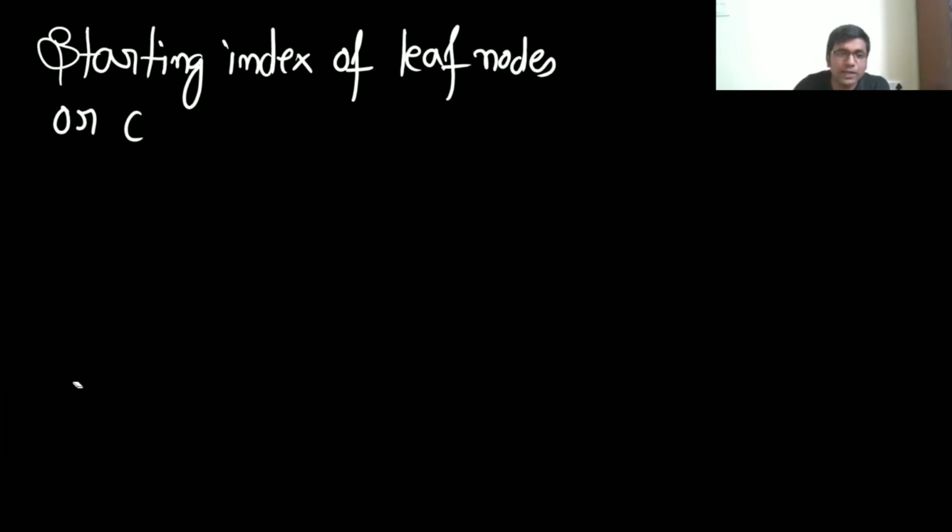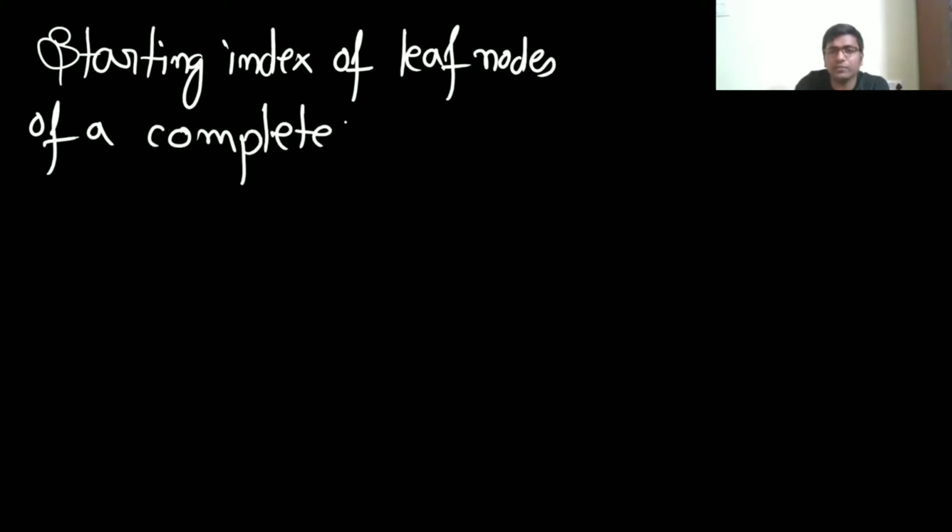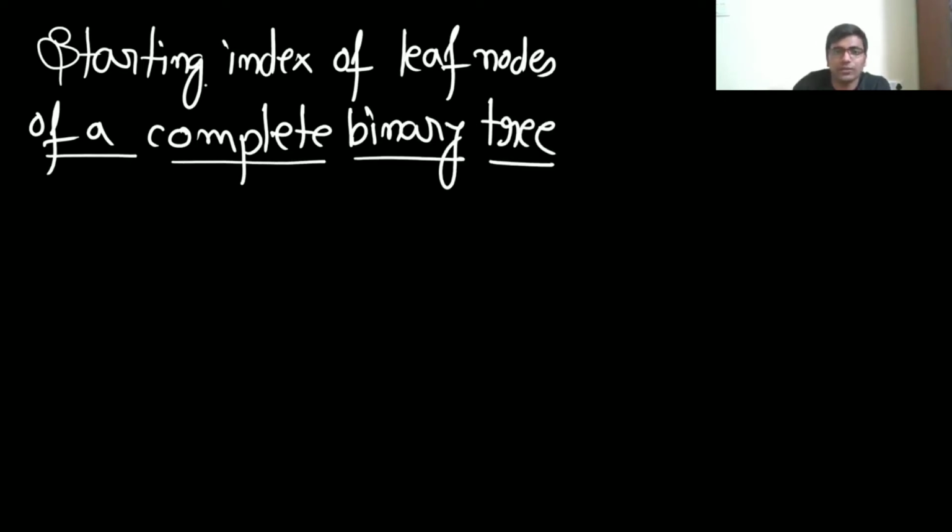Index starts from 1. So what is the starting index of a leaf node of a complete binary tree? You are having a complete binary tree, and we are asking what the starting index of the leaf node is.